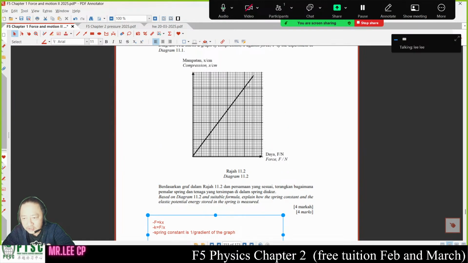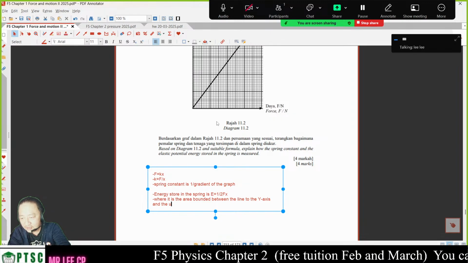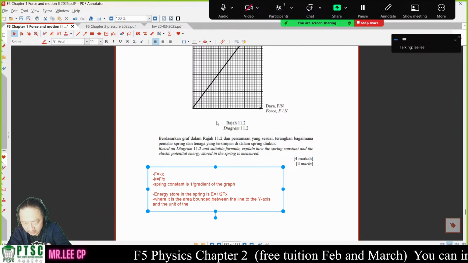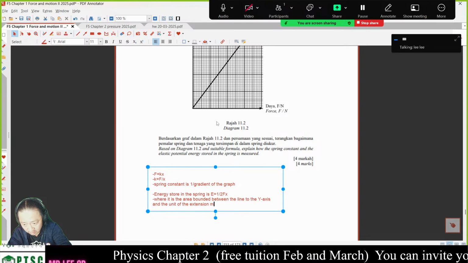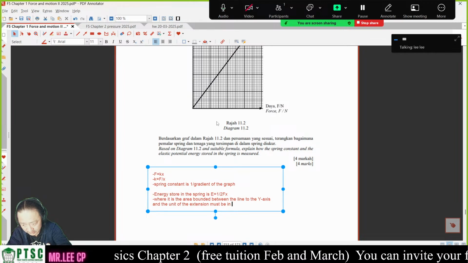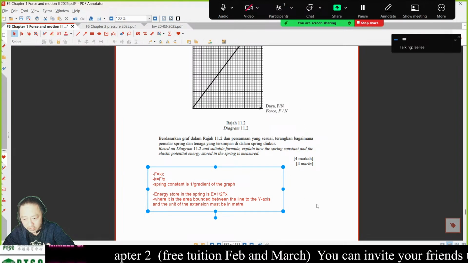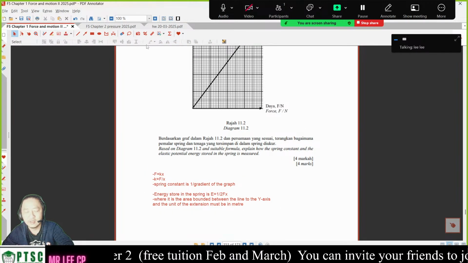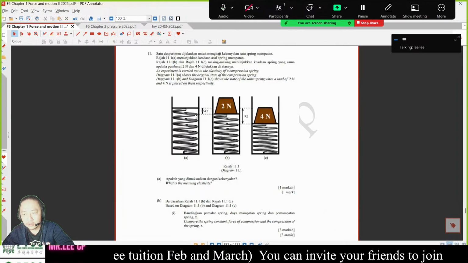Here, this line to the y-axis, and the unit of the extension must be in meter. Okay, so write this one down. Alright, should be okay. So this is what we have.